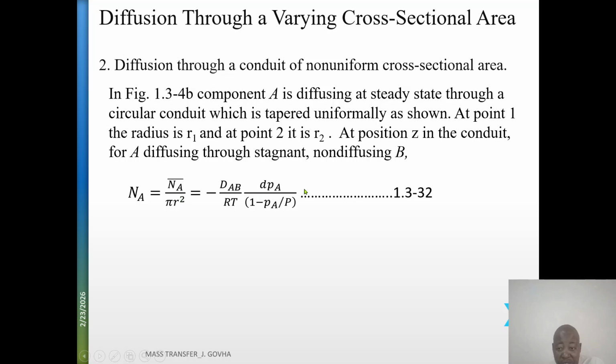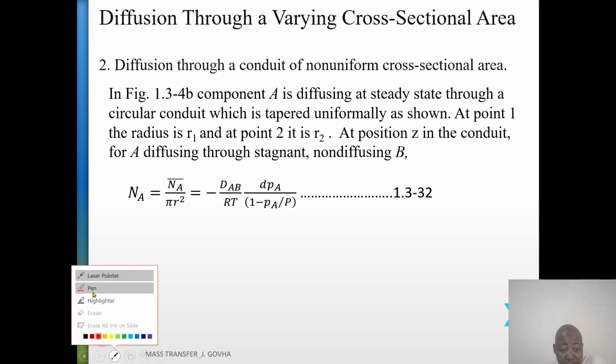So going back again to our equation as indicated there, we would now need to solve this. Let's convert this into the differential form and integrate it.